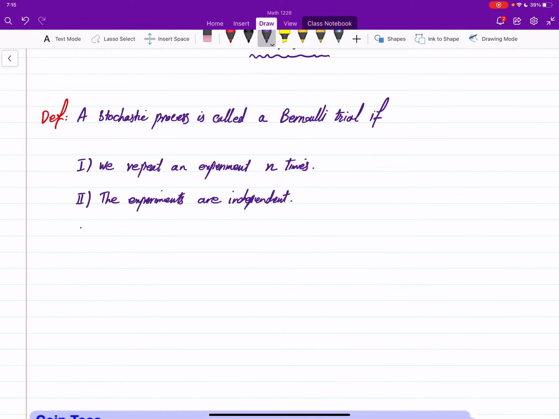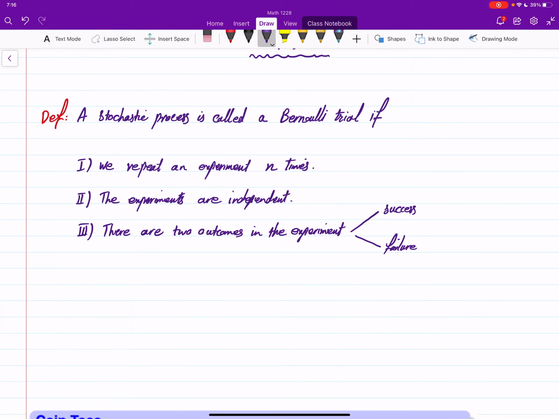And the third thing is that there are 2 outcomes in the experiment that we try each time. One we call success, the other one we call failure.